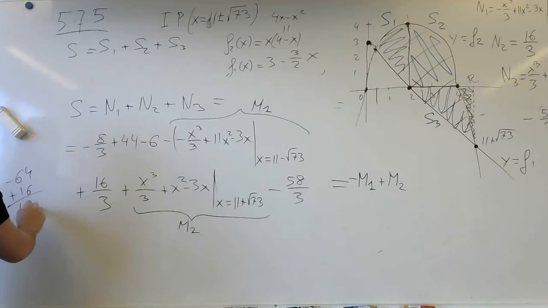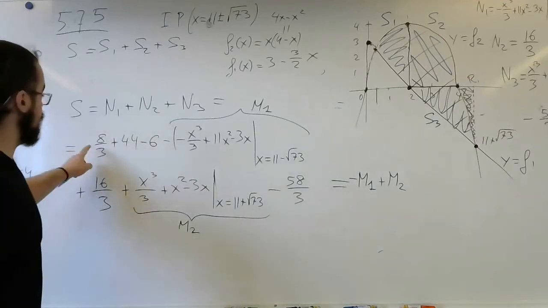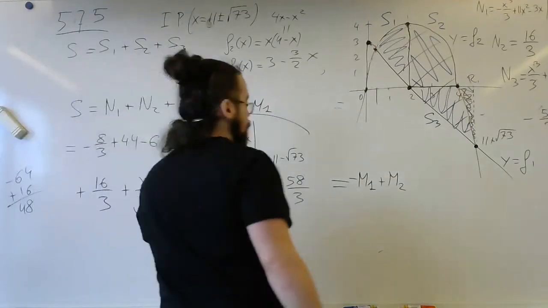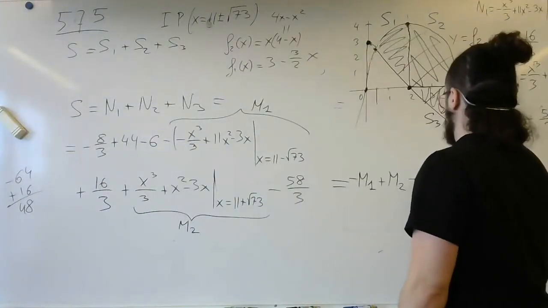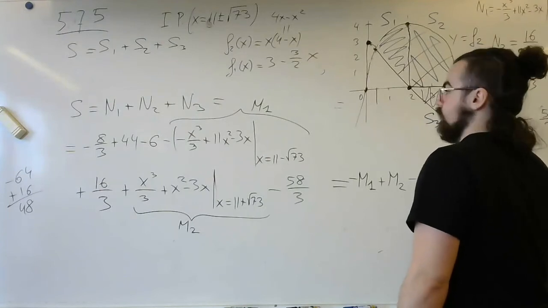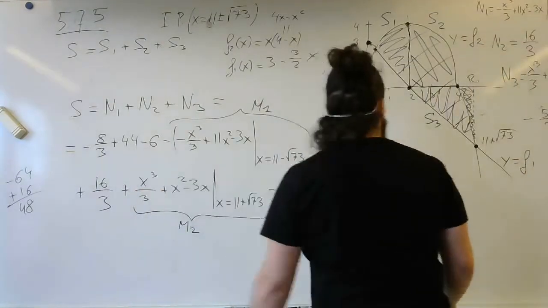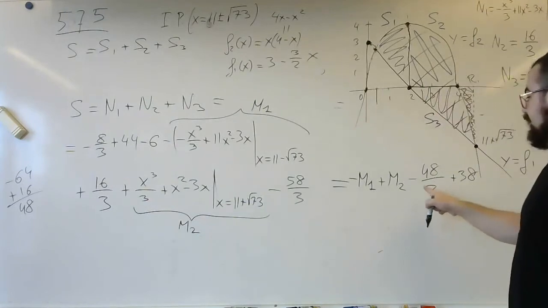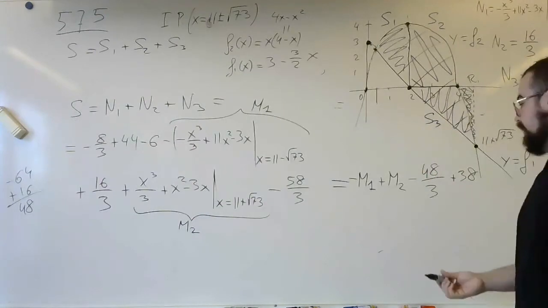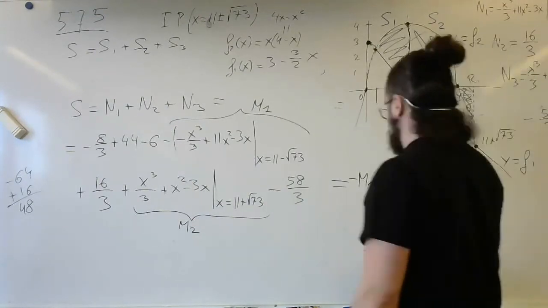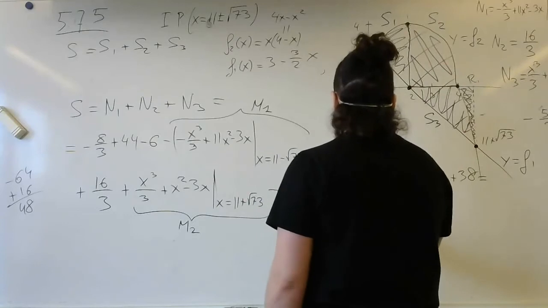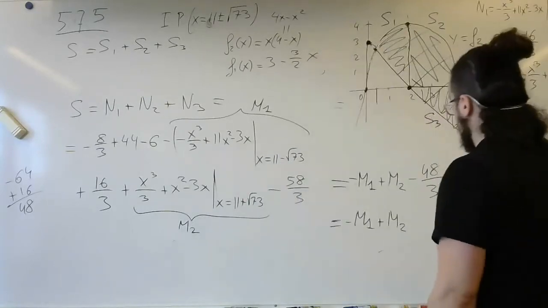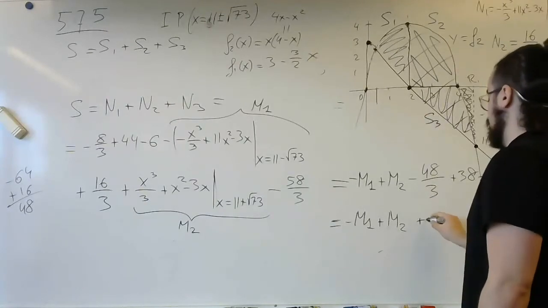And plus 16 is none other than minus 48. So all this sums to minus 48/3, and this is 38. Now, the magic with this is that 48 is divisible by 3. It's exactly 16. So our total area is minus M1 plus M2 minus 16 plus 38.